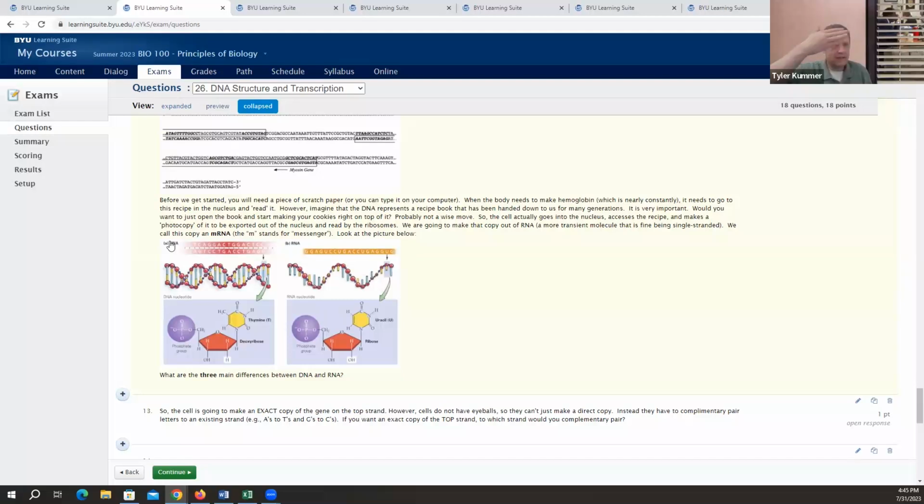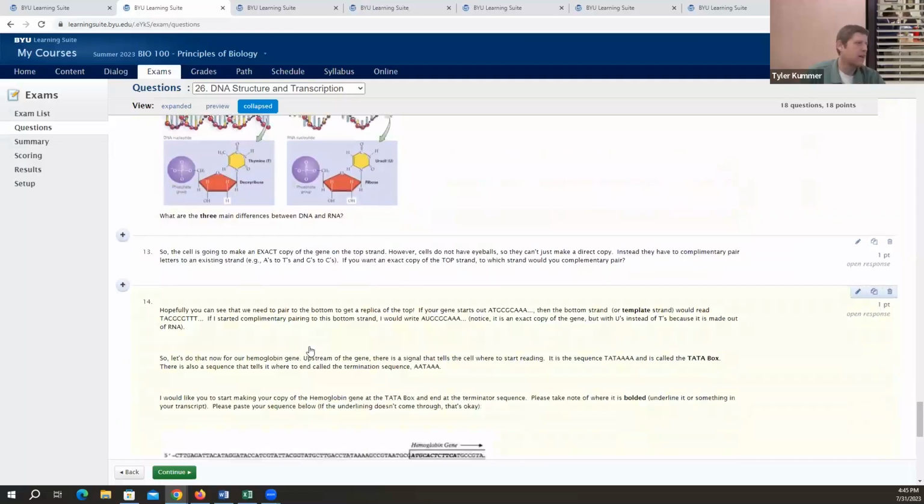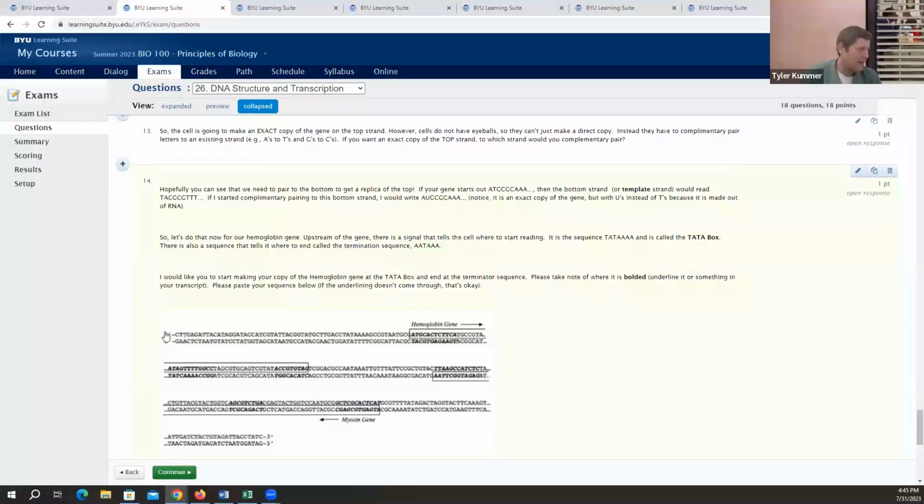If this top strand is oriented like this, the bottom strand will be oriented like this. And that's what we call anti-parallel. So this DNA is anti-parallel to each other. And that's what this is showing us, right? The 5' end is here, and it runs until it reaches its 3' end, and the other strand goes the opposite way. Genes are read 5' to 3'.